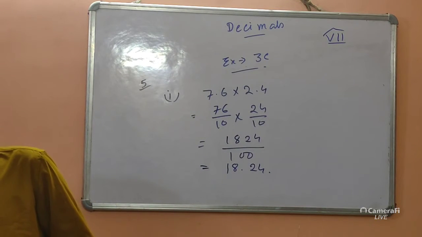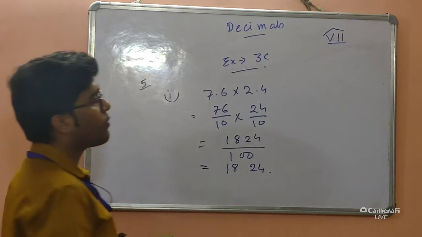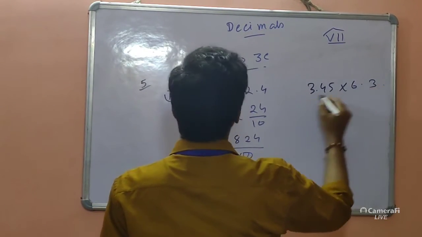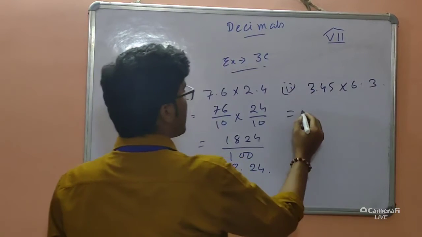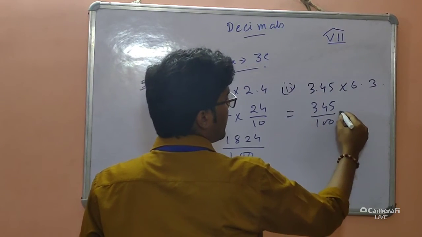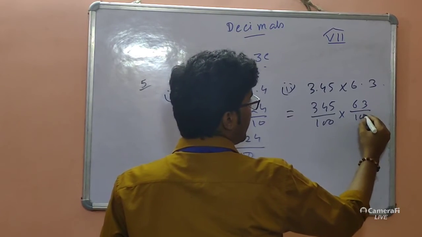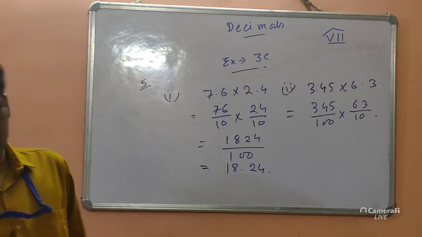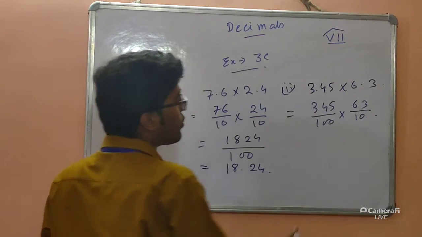Let us do 5 cut 2 also. 3.45, 6.3. So again same thing, it will be 345 divided by 100 into 63 divided by 10, right? Okay, so how to do?